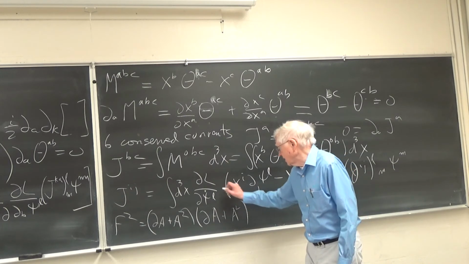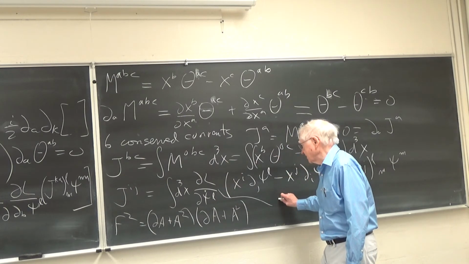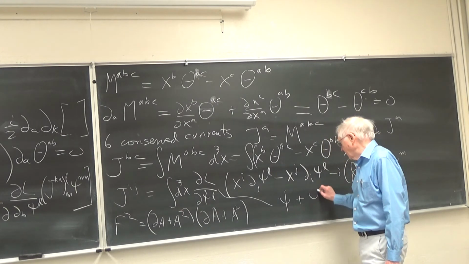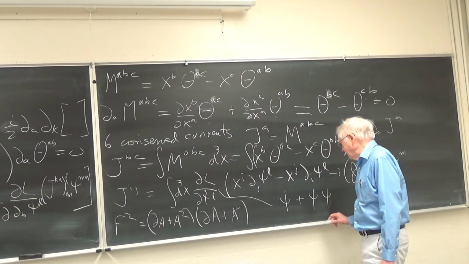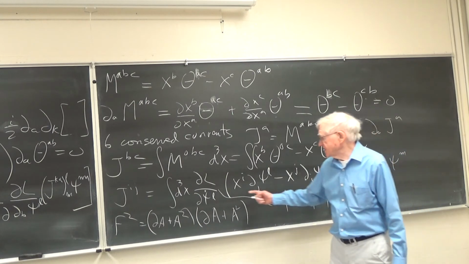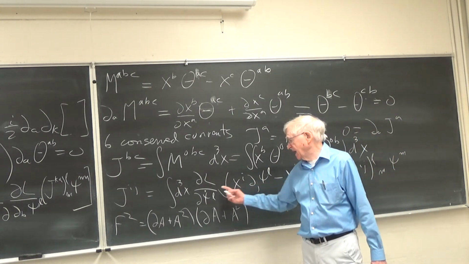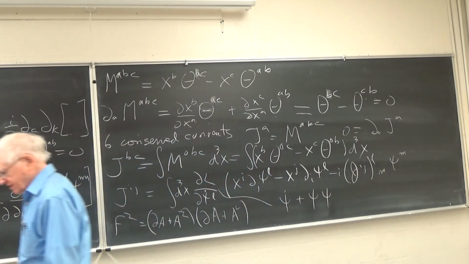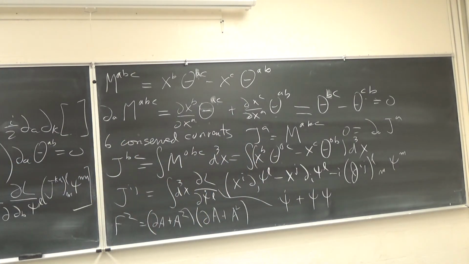So this thing here becomes something like a psi dot plus psi psi. So in other words, the angular momentum involves cubic terms when you include the gauge fields of a non-abelian gauge theory.